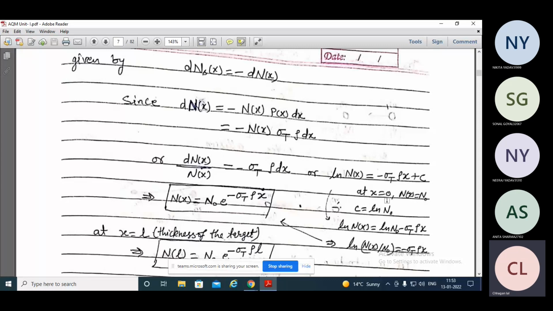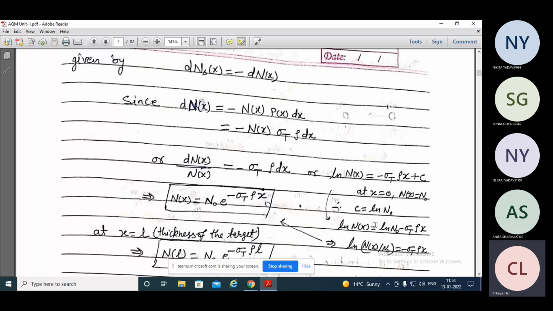The maximum number of particles incident at the left edge is n naught. So that's why here we are using x equal to 0 and N equal to n naught. So c equal to ln n naught, and you can put this c here, so we can find ln N(x) equal to ln n naught minus sigma t rho x.